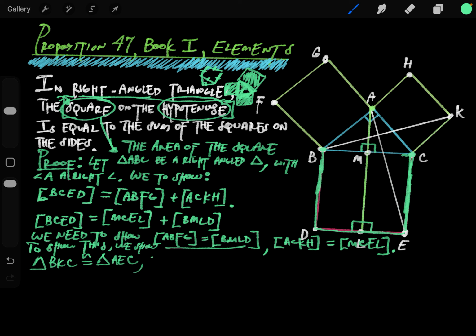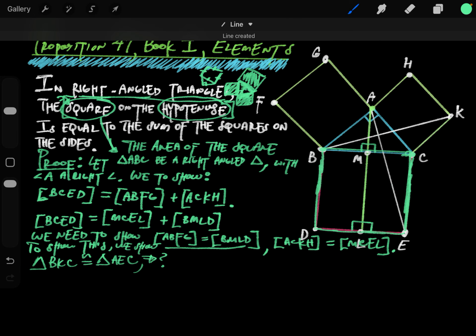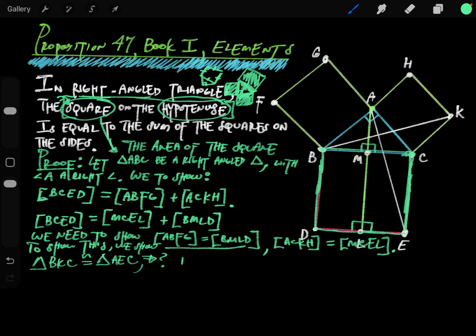Why is this true? Well, if we look at our picture, BC is the same thing as CE. So BC is congruent to CE, because this side of the square must be the same as this side of the square. So the two triangles I'm looking at right now are AEC.